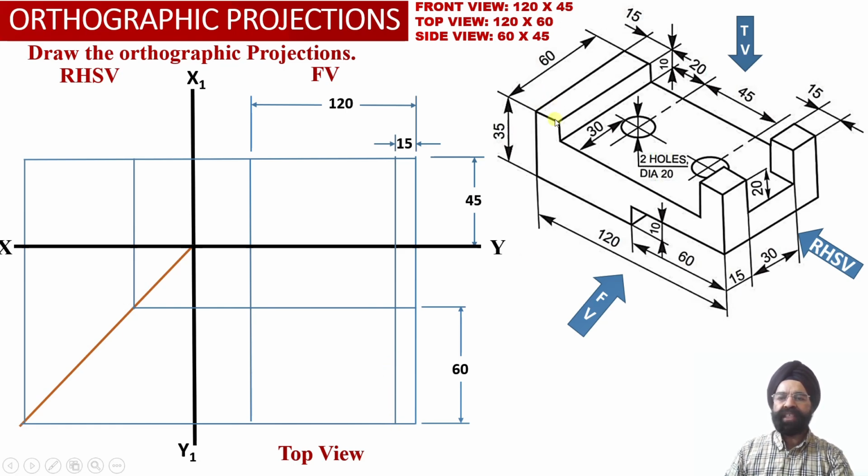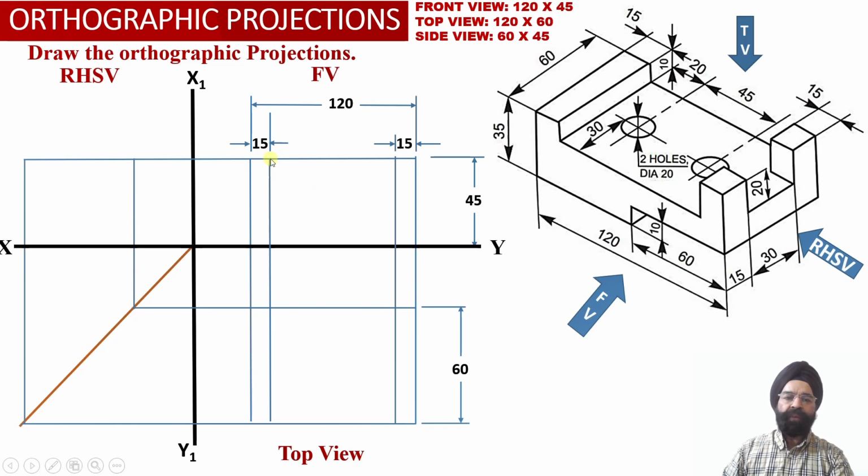Similarly, we know that there is a vertical web which is lying on the left hand side portion of the solid, and it has a width equal to 15 millimeter and a height equal to 10 millimeter. Now corresponding to this vertical web width, which again happens to be 15 millimeter, we have marked a distance of 15 millimeter from the left face of this solid corresponding to element number 2, which is a vertical web resting on top of the horizontal block which is resting on the base.